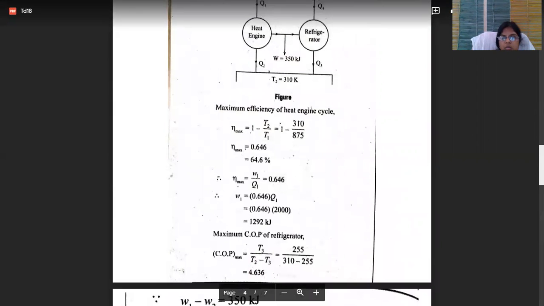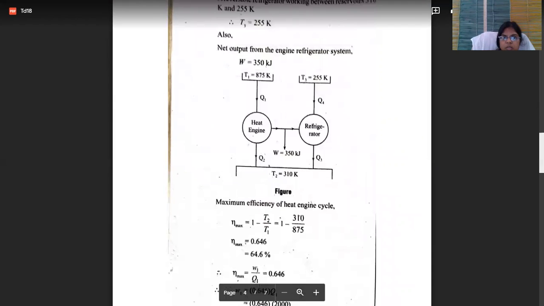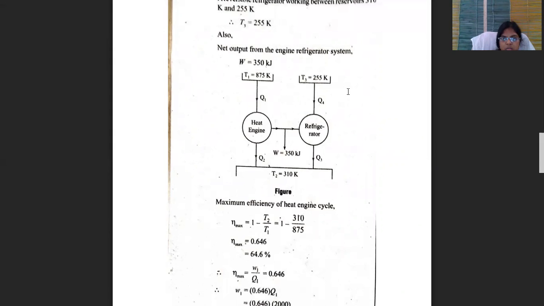Here, the lower temperature T3 by, what is the desired effect here? This is our desired effect. Actually, if you want to write in Q's, the desired effect in a refrigerator is the one that maintains the lower temperature. That belongs to the desired effect of the refrigerator. Here, 310 and 255, which is the lower temperature? 255 is the lower temperature.